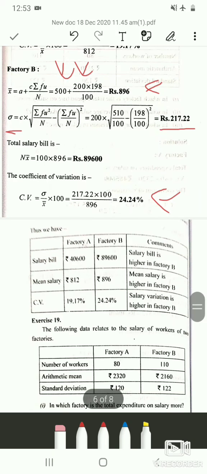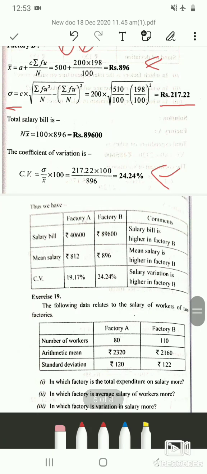So now let us compare factory A and factory B. So the first sub question was to find who pays higher salary bill. So for factory A, the total salary bill which we had calculated was rupees 40,600, and for factory B it was 89,600.